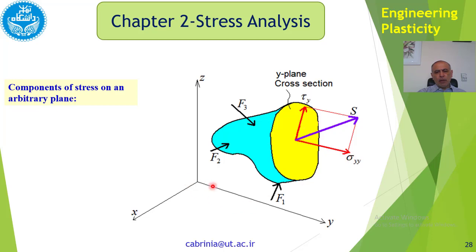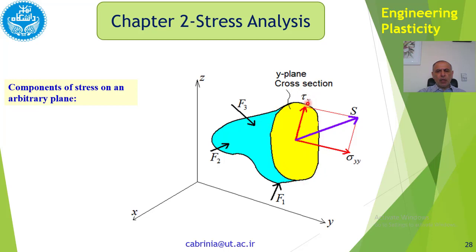Sigma yy, in the configuration that I have put here, is obviously the normal to this plane, and tau y is the tangential or shear stress component.